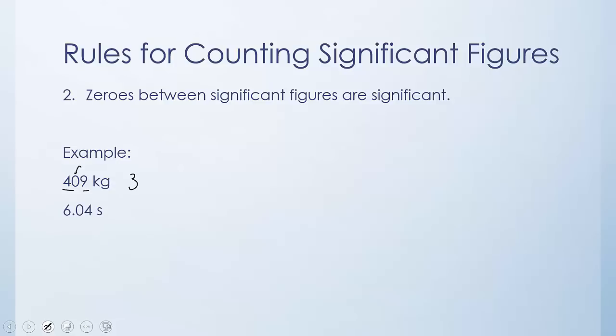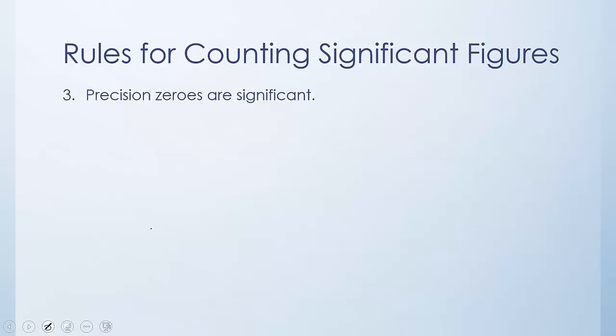If the 6 is significant and the 4 is significant, then that 0 must also be significant. So for this next example, we know that the 1 is significant. We know that the 2 is significant. Neither one of those 2 digits is a 0. So then everything else between comes into play as a significant digit. And so we would say that we have 5.